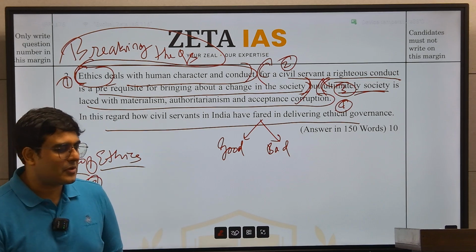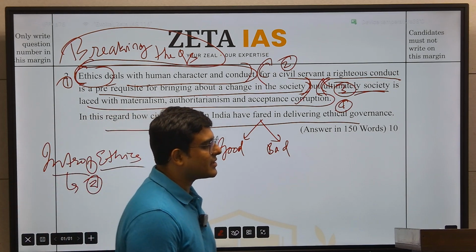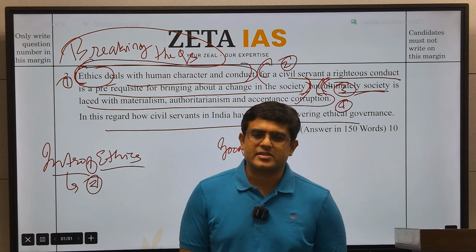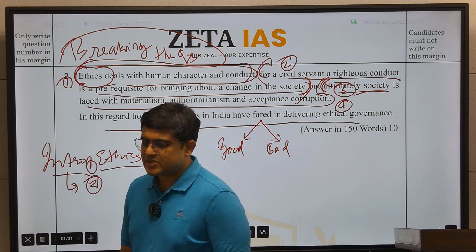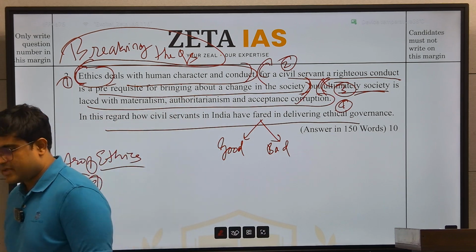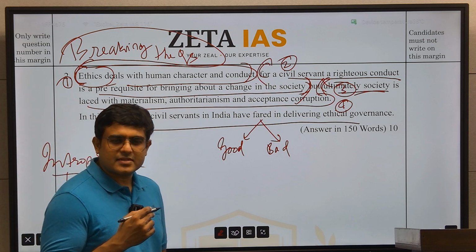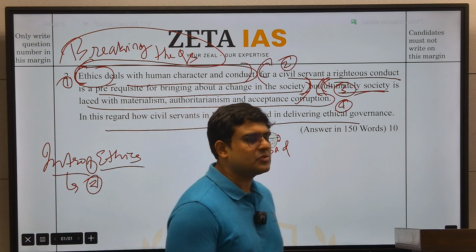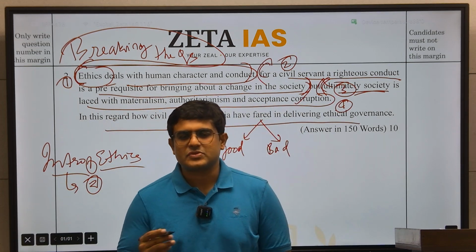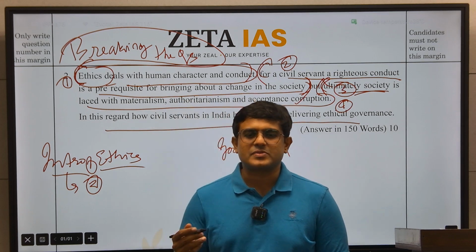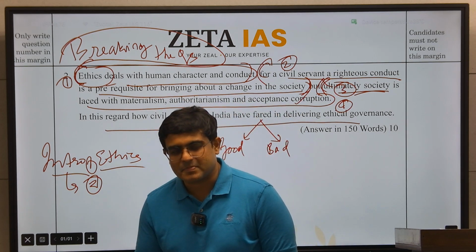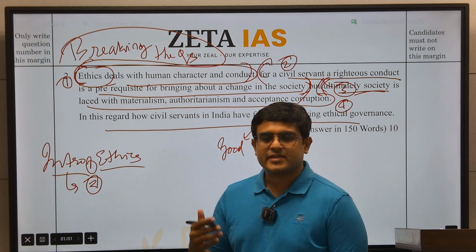So you talk about this because civil servants enjoy a lot of discretion and power. To bring any social change it has a lot of discretion, and if this discretion and power is misused, the misuse will result in corruption, authoritarianism, materialism, CMC.